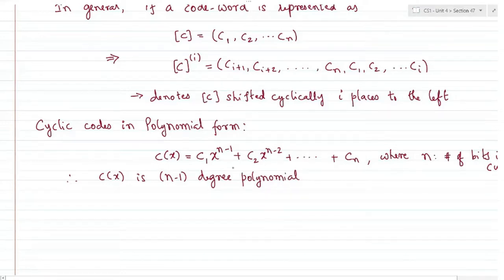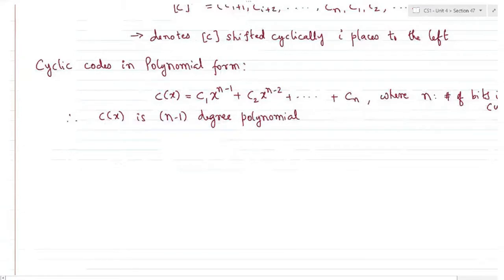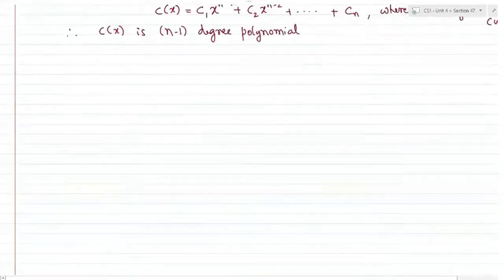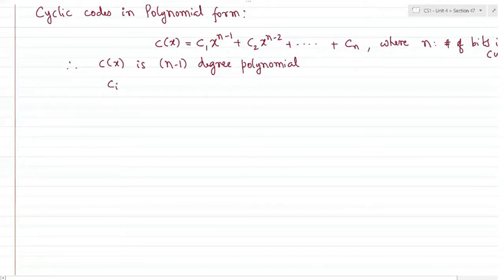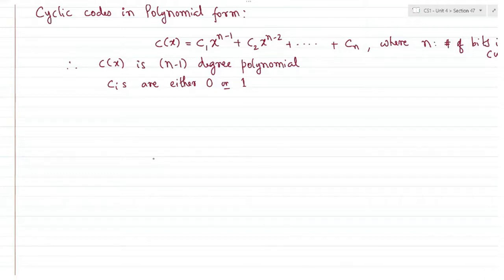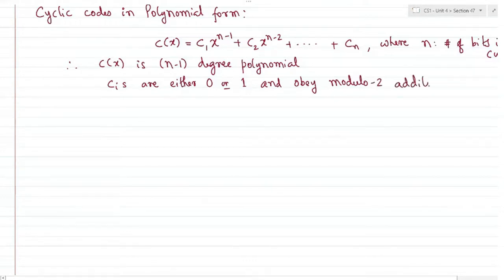The coefficients Ci, C1 to Cn, are obviously either 0 or 1. And these follow the properties of modulo 2 addition, very exactly similar to the earlier Hamming codes, and obey modulo 2 addition and subtraction.